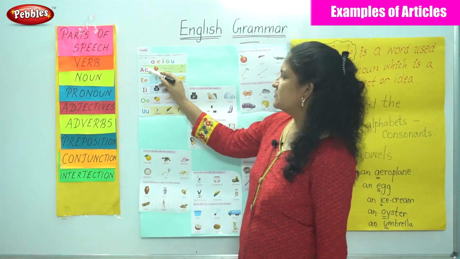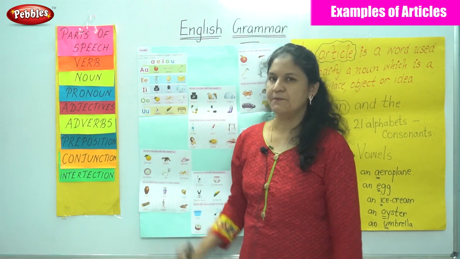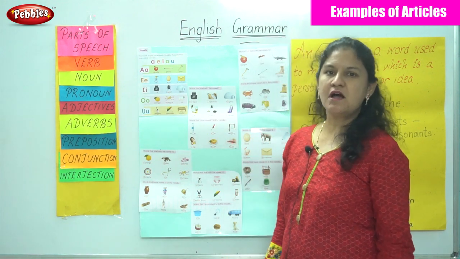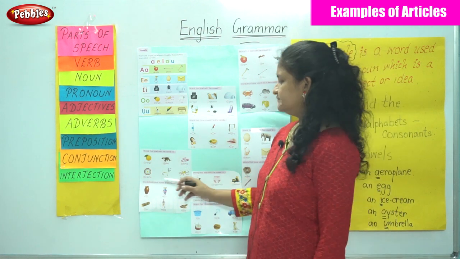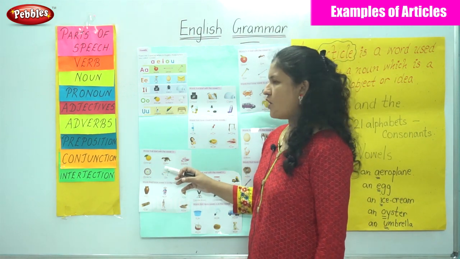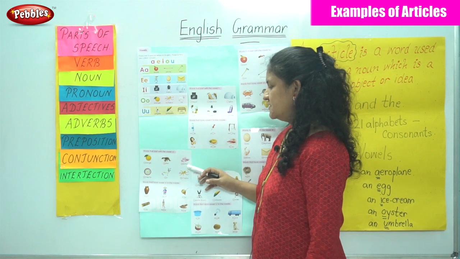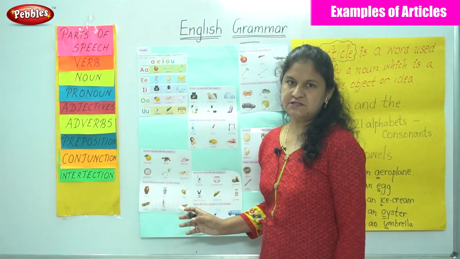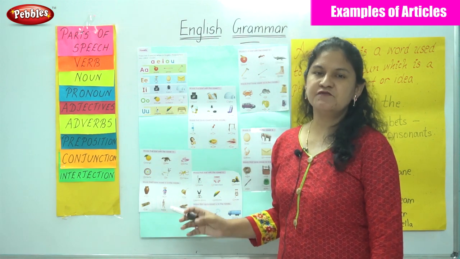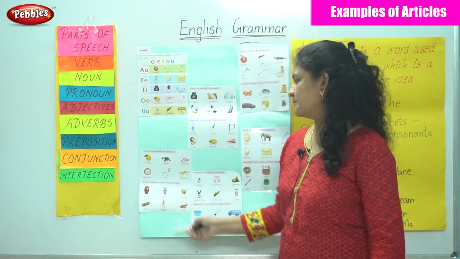So we have seen the 3 vowels, that is A, E and I. Next let us see the words that have the vowel O in the beginning.